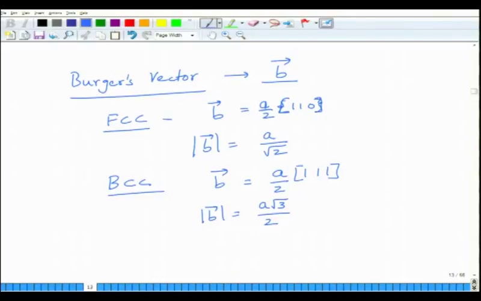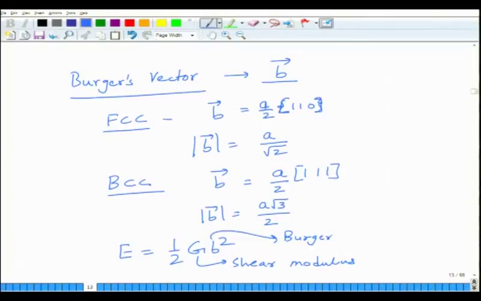These dislocations have energy as well. So the energy of dislocations is expressed as half of G B squared. So G is the shear modulus and B is the magnitude of the Burgers vector. Okay.